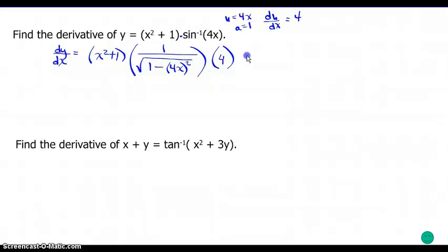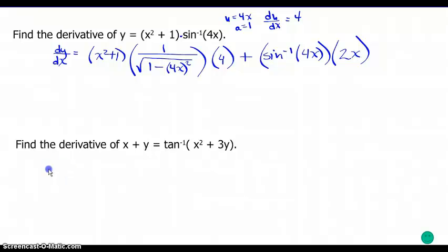So there's 1 d2 plus 2, which is just the sine inverse of 4x. Make good use of parentheses. This is a product here. d1. All right?